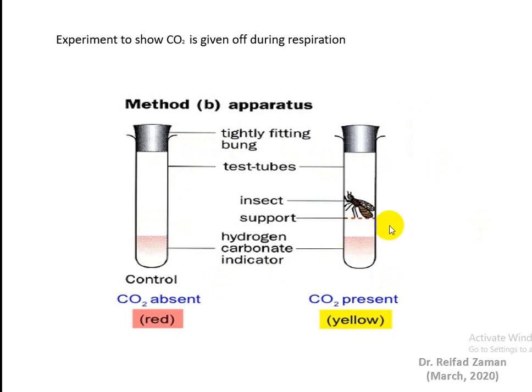After half an hour or say 10 minutes, we are going to see that the bicarbonate indicator has changed its color. In the tube where we did not put any organism, there will be no color change, it will remain red or orange. However, in the tube where we put the bicarbonate indicator plus the organism, the color will change from red to yellow. Now, what does red to yellow mean?